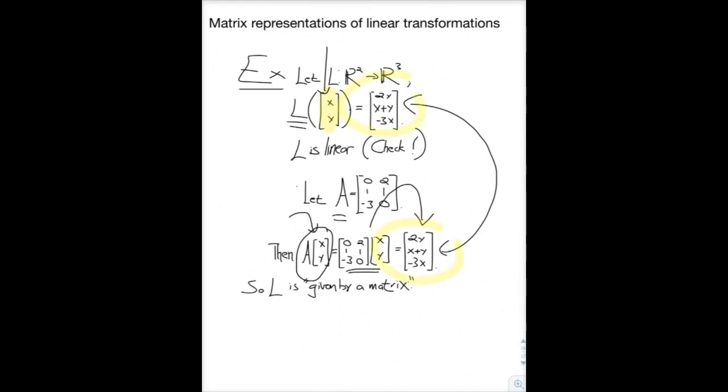So in this sense, L is represented by a matrix. There is some matrix out there, namely the matrix A, which does the same thing as applying the function L. But the function L does it by evaluation of the function, and the matrix A does it by matrix multiplication.